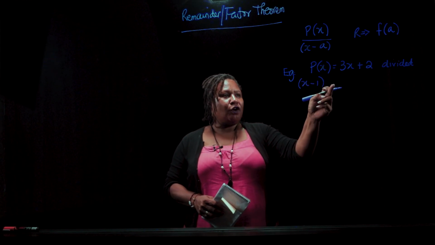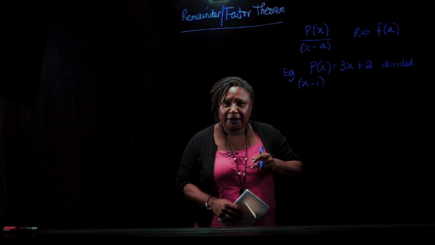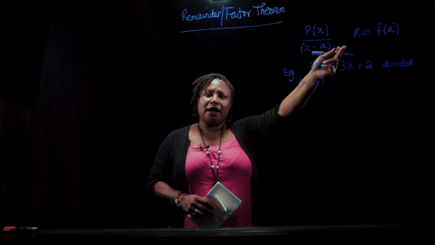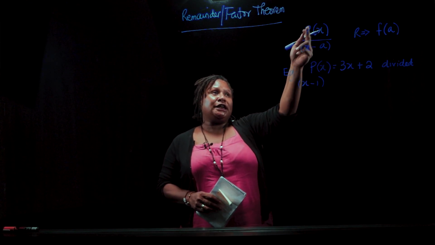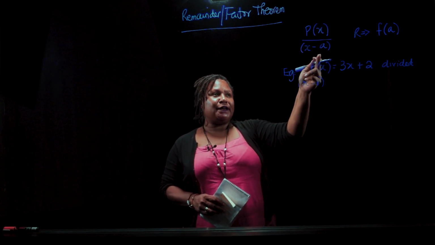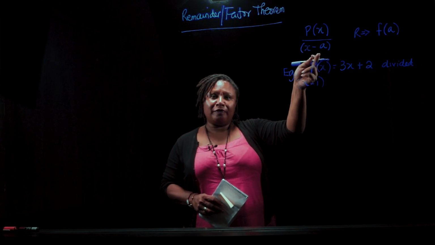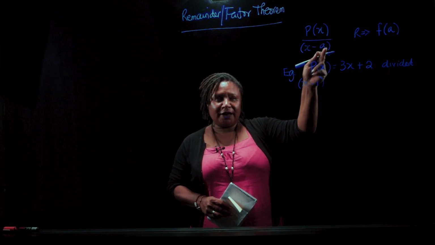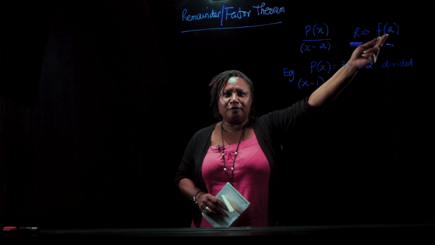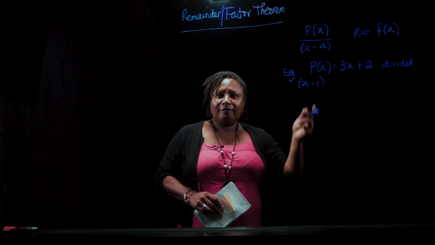Go back to our remainder theorem. It says if the function of x is divided by a linear polynomial, then we find the remainder by using the a value, or the function of a. So how do we get that value of a?